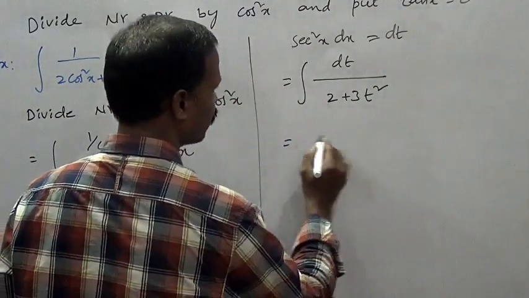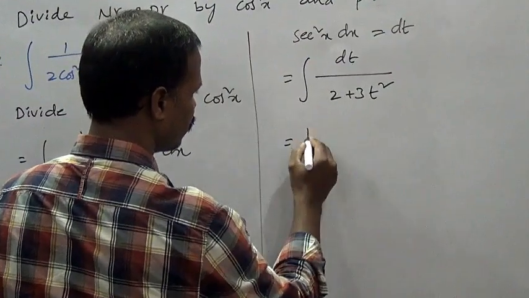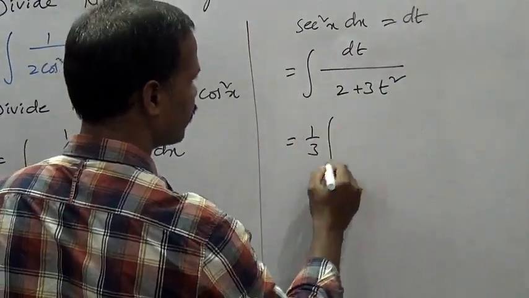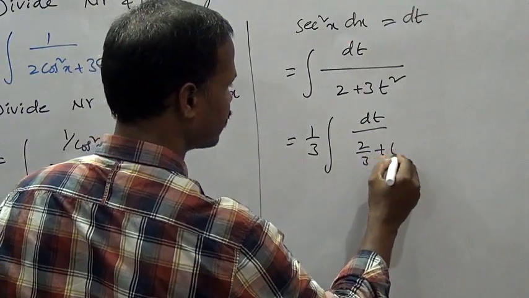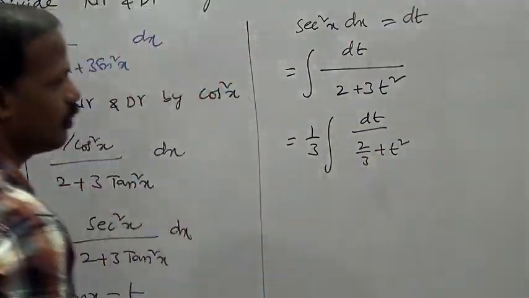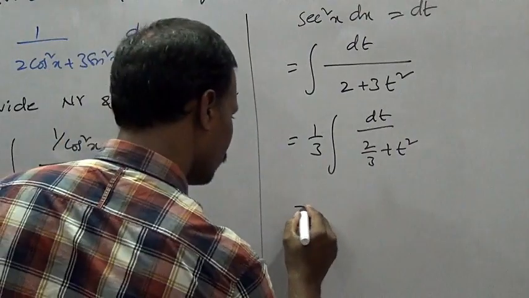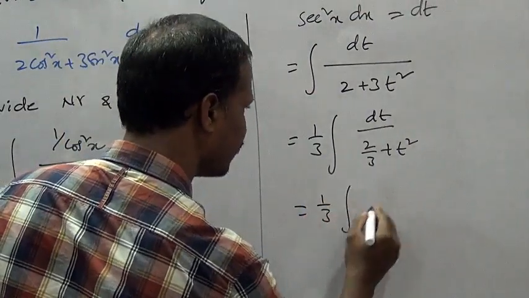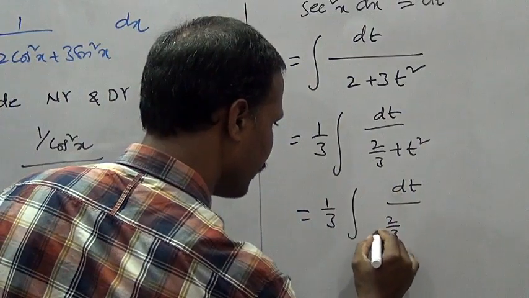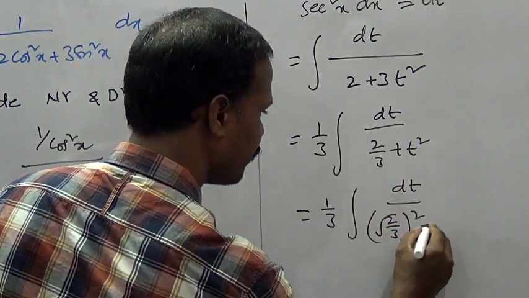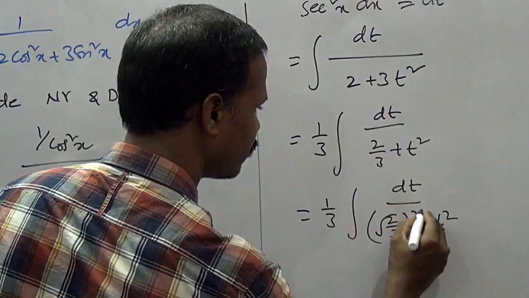Now this is equal to, take 3 outside, integral dt by 2 by 3 plus t square. Now this is 1 by 3 integral dt by root 2 by 3 whole square plus t square.